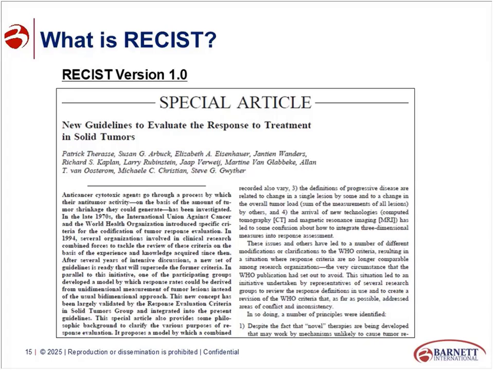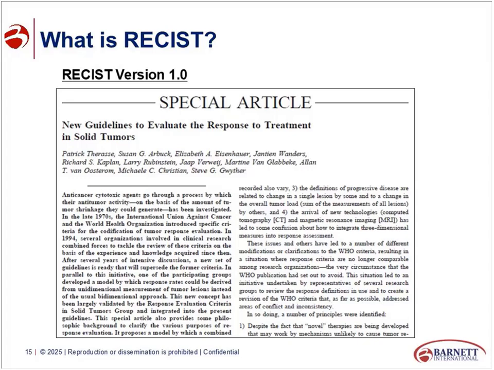How should RECIST be applied in randomized phase 3 trials where progression and not response is the primary endpoint? How should newer imaging technologies such as FDG PET and MRI be used? And then finally, how should the assessment of lymph nodes be handled?